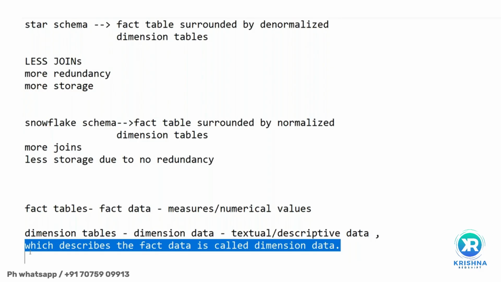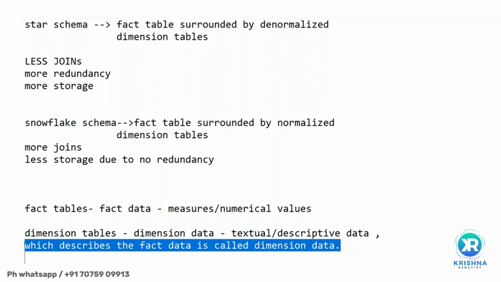Dimension tables will have only textual or descriptive data. Descriptive means it describes the fact table or fact data. Dimension data is the one which describes the fact data, and it will have only textual or descriptive data.